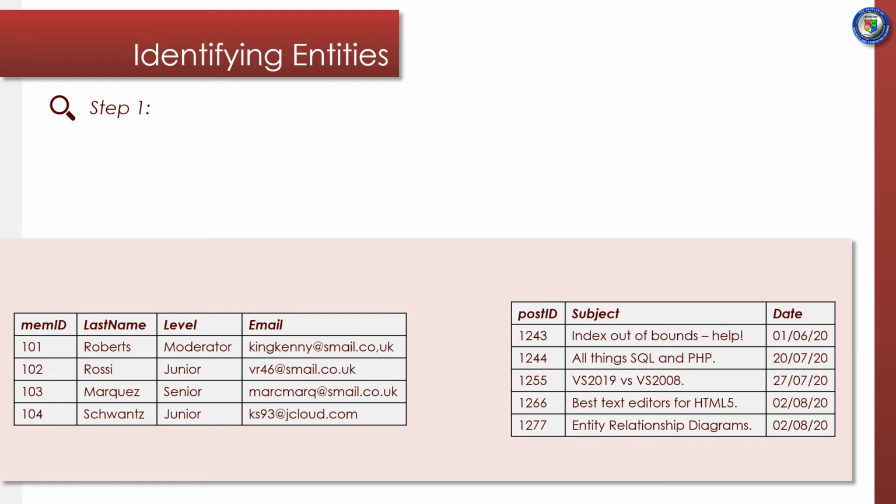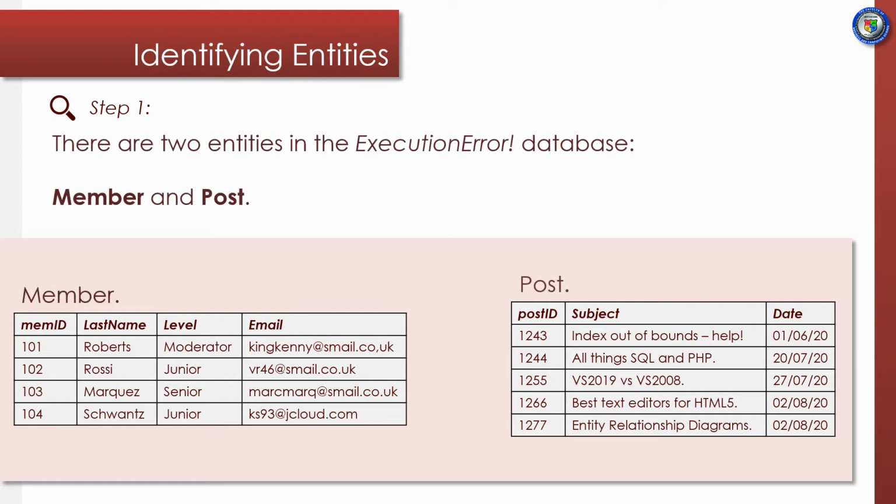Step 1. There are two entities in the Execution Error database, member and post. Both of these entities are shown here as tables.